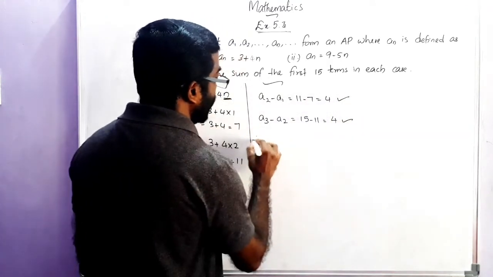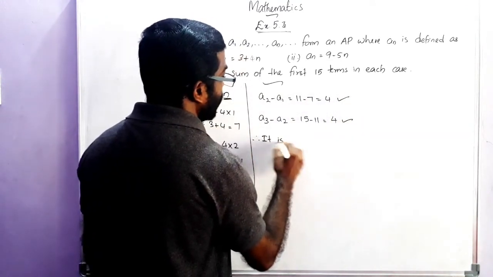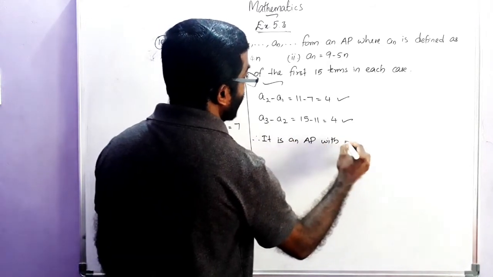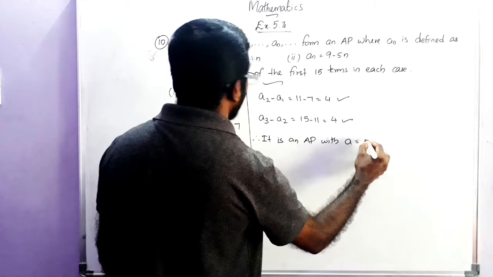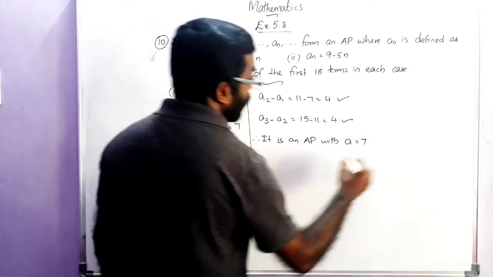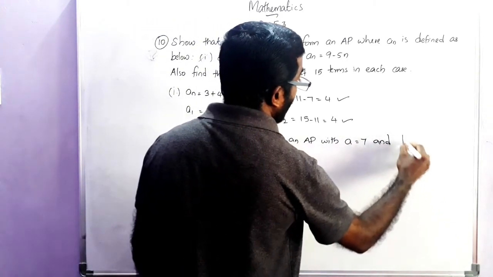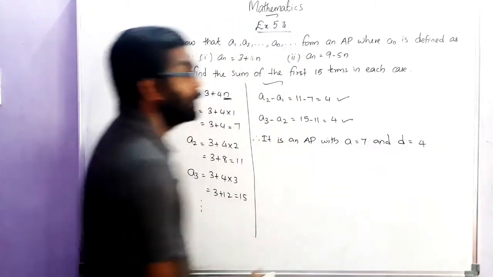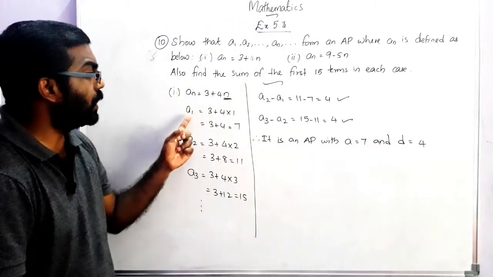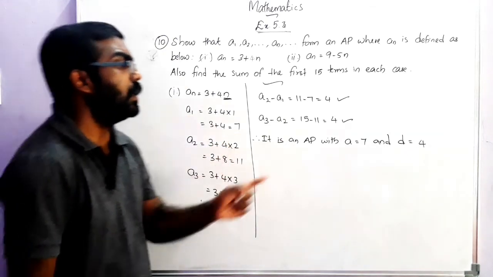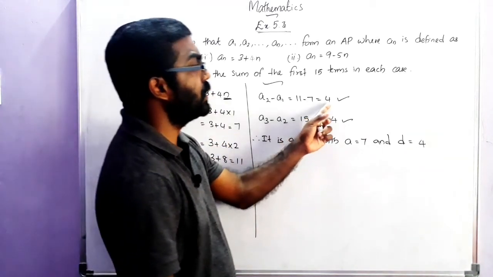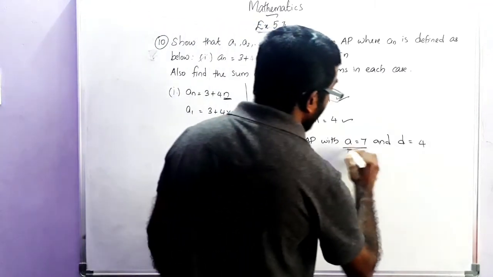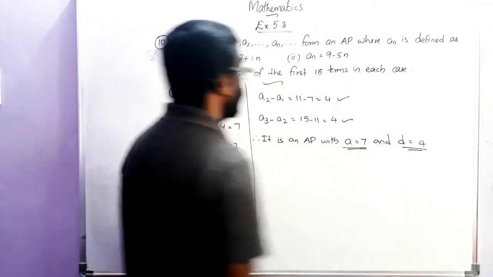So we can conclude it is an AP, with the first term a is equal to 7 and the common difference d is equal to 4. Is that clear? Here the first term is a1 itself, it is 7 and the difference we found is 4. Okay. So a is equal to 7 and d is equal to 4.